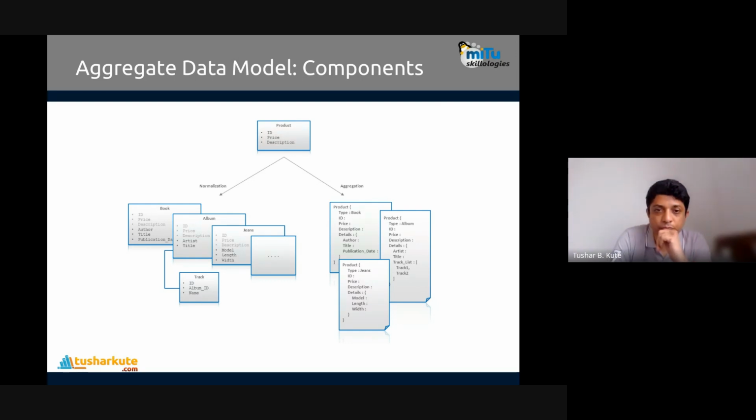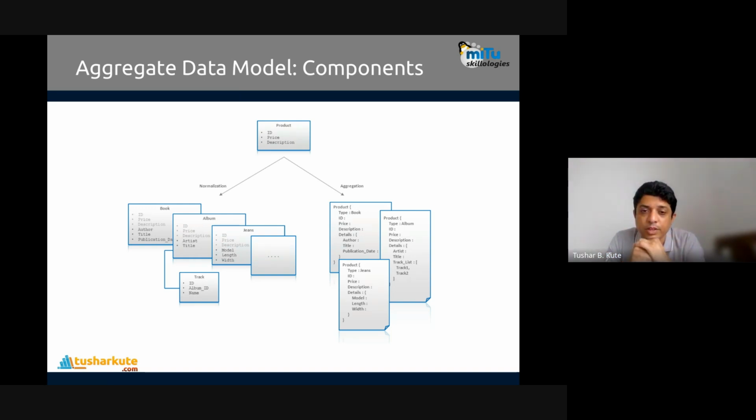You see this one. See, normalized data, which you can see like that. Book, album, genres. Under album, we have the tracks. Under track also, we can have again many different things possible. Deep, normalized data in different tables. But in aggregation, we can define everything together as a separate product.